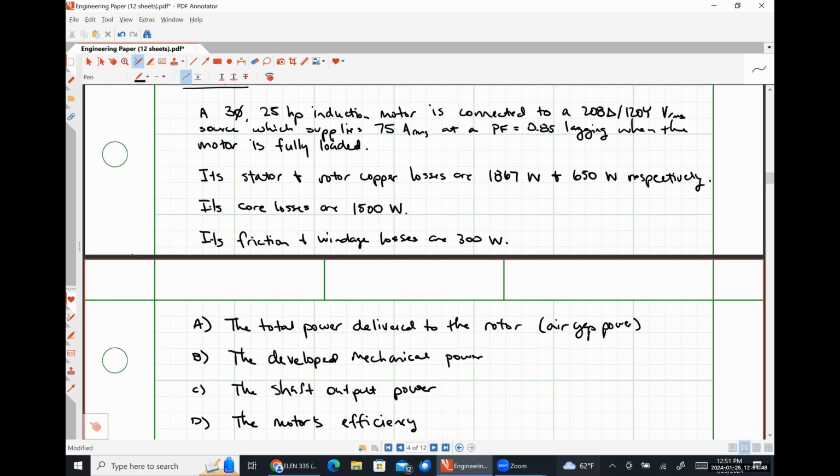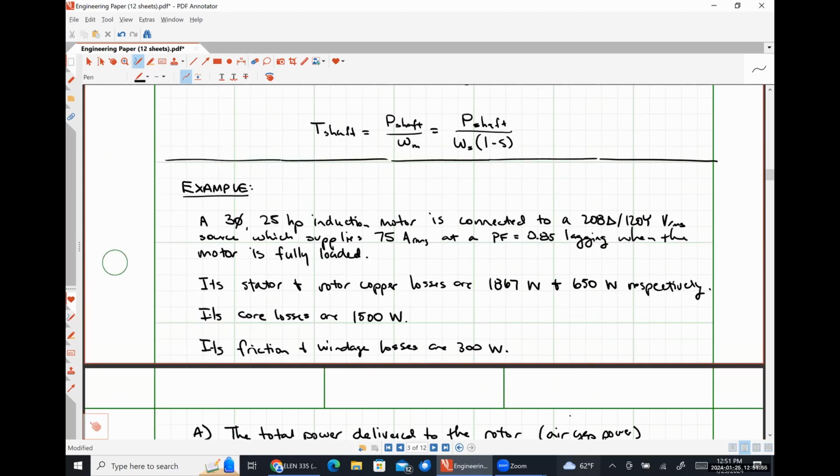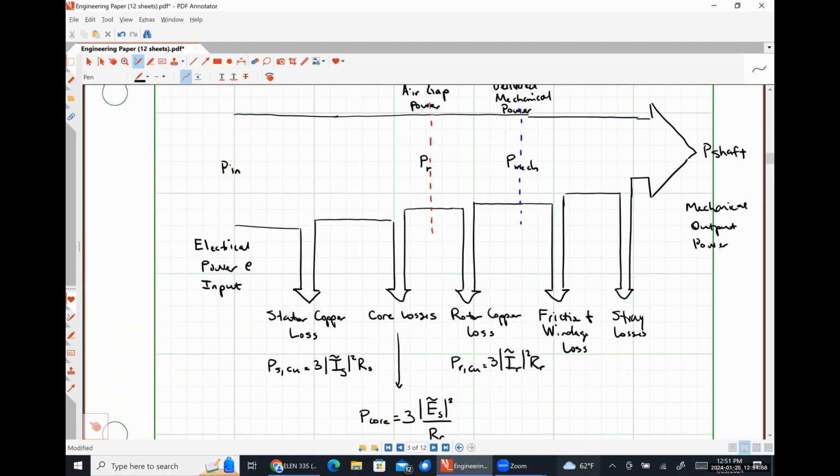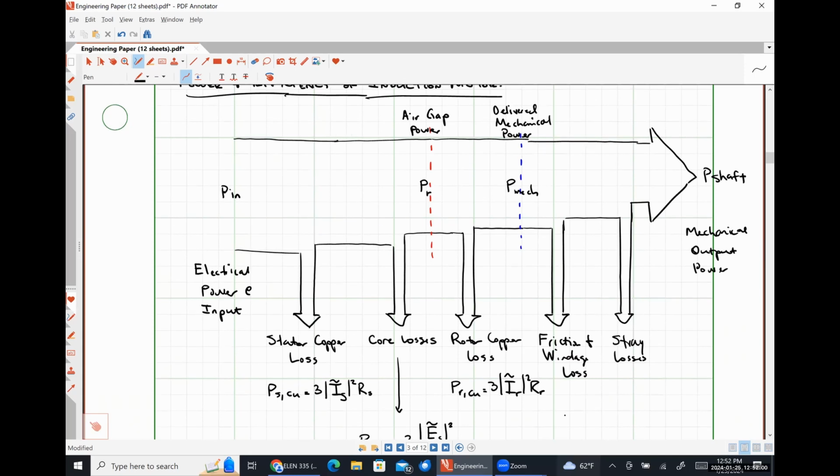So let's start by looking at part A here. So I want to figure out the total power that's delivered to the rotor. So if I come back up here to my diagram, it looks to me like the total power delivered to my rotor, which is that PR at the vertical red dashed line, is going to look like whatever my electrical input power is, minus my stator copper losses, minus my core losses. Anybody have a problem with that interpretation of our diagrams? Nope.